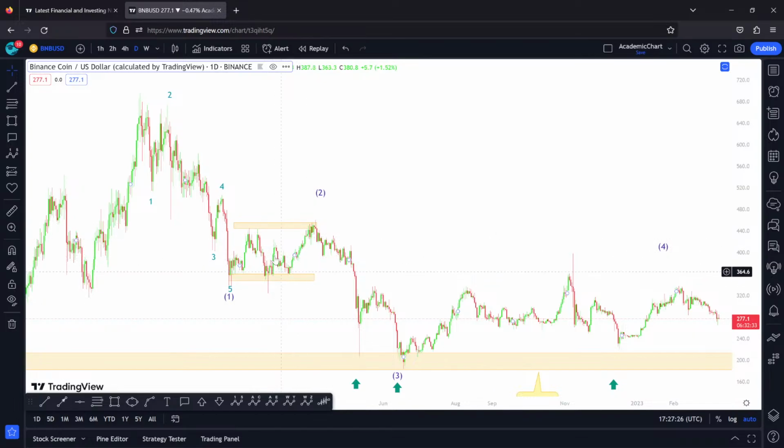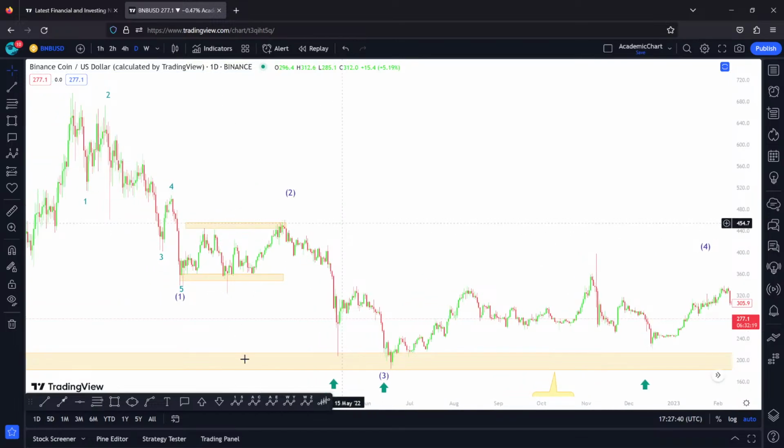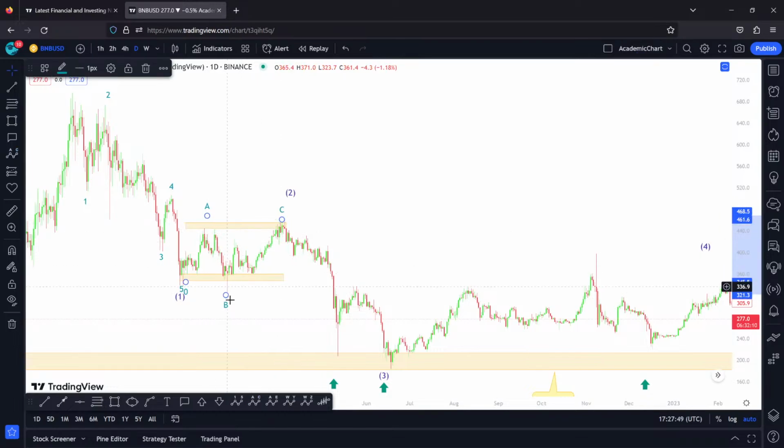After this ABC you can interpret this as 1, 2, 3, 4, 5 or something like that in the end, or a bigger tree with 4, 5. It doesn't matter, those details, but I would like to count this as ABC, of course, some sort of an expanding one.